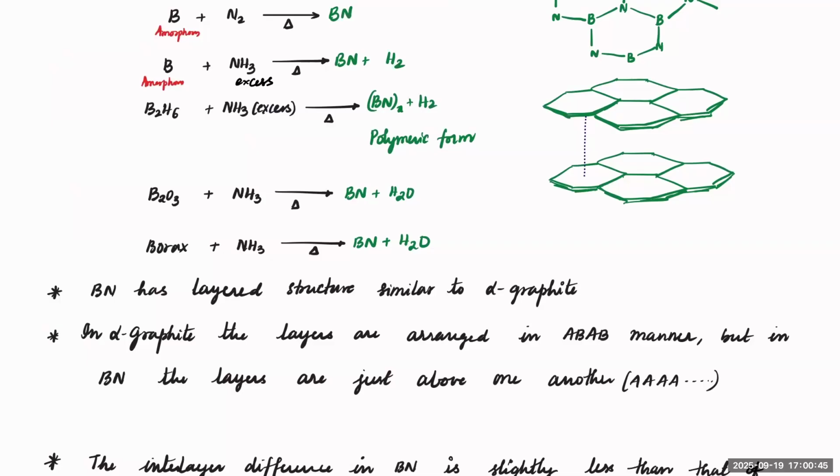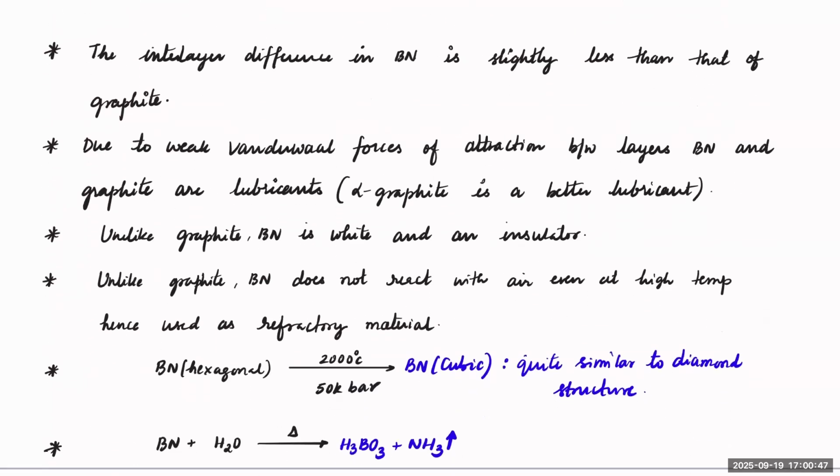Next, due to weak van der Waals forces of attraction, boron nitride and graphite are lubricants. Alpha graphite is a better lubricant here.